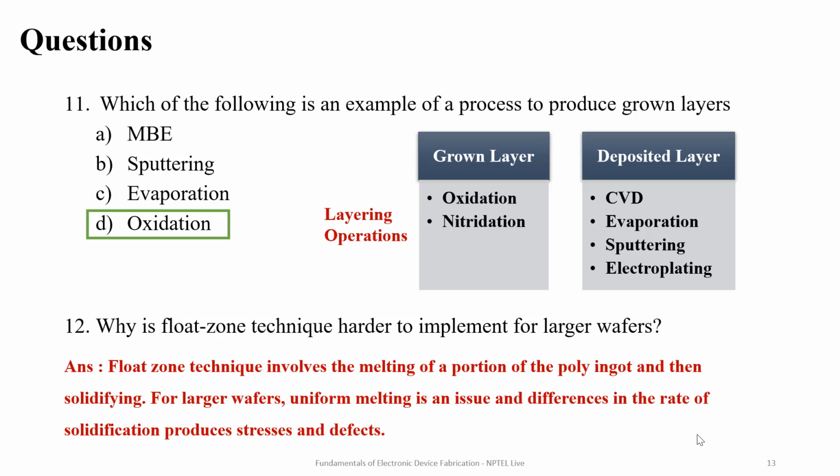So that is the reason why float zone technique is harder to implement for larger wafers. If it's a very small ingot and a very small wafer, we know that it will be equally heated in all regions and equally cool down. But for larger wafers, there is a difference in the cooling and heating rate, right? So this will produce stresses and defects, which are not at all advisable when we are creating electronic grade materials. So is that clear?